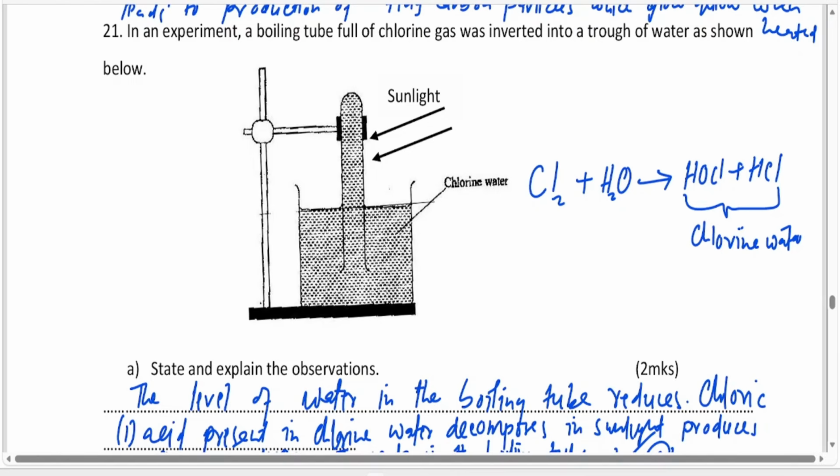And when this chloric 1 acid decomposes in the presence of sunlight, it breaks down into hydrochloric acid and it produces the oxygen. And that's how the color of chlorine water changes. And again, oxygen displaces the water in the boiling tube to be accommodated.